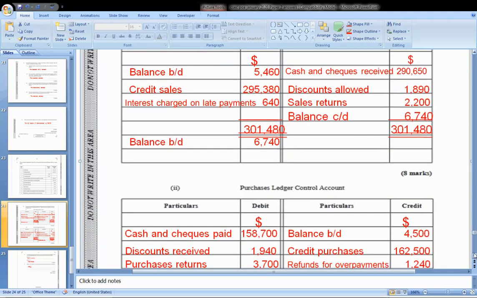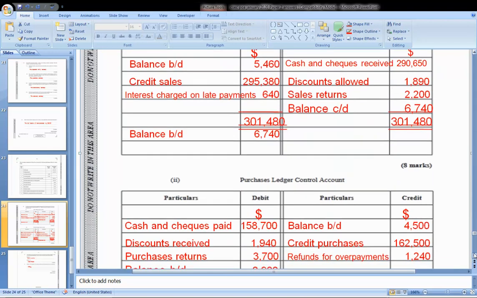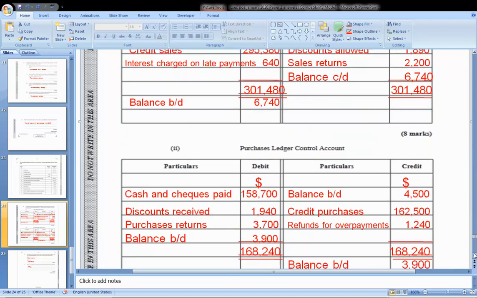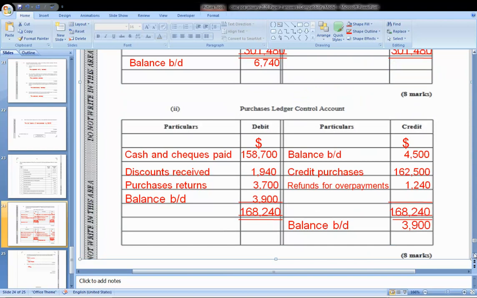Let's look at our purchases ledger now. So our purchases ledger control account. Taking our given information from page 16. Here we have cash and checks paid. That's a debit balance of 158,700. Discount received 1,940.